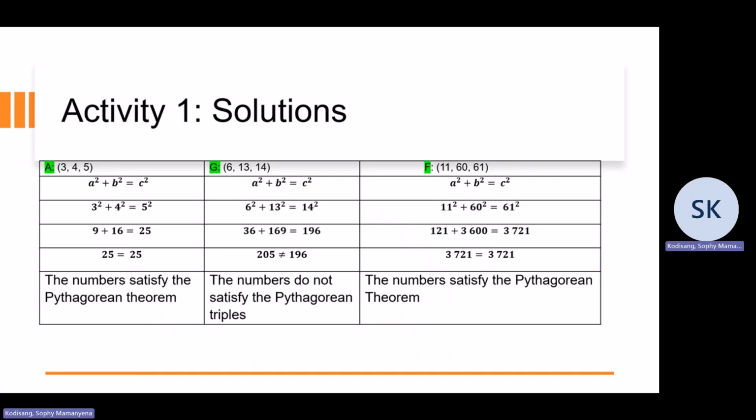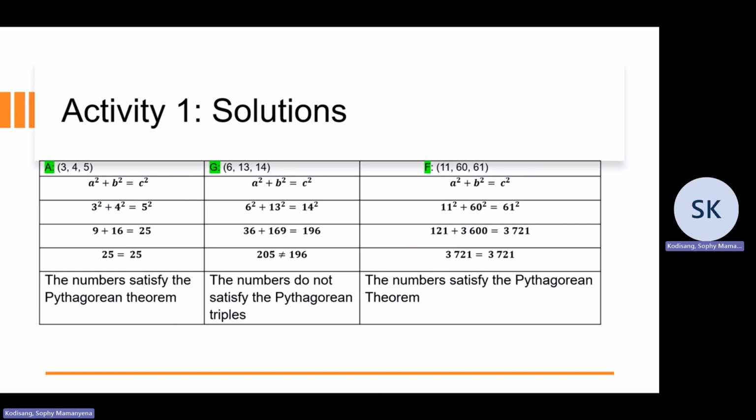Now on F, we are given 11, 60, and 61. a is replaced by 11, b by 60, and c by 61. 11 squared is 121, 60 squared is 3,600, and 61 squared is 3,721.